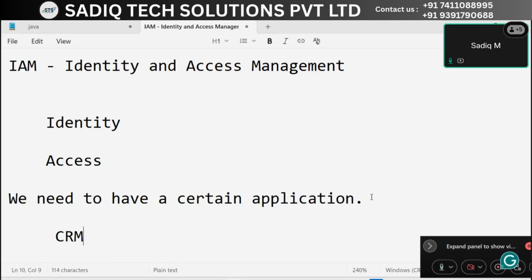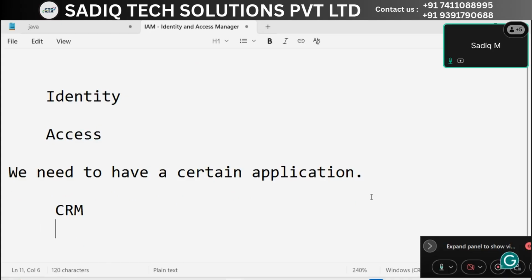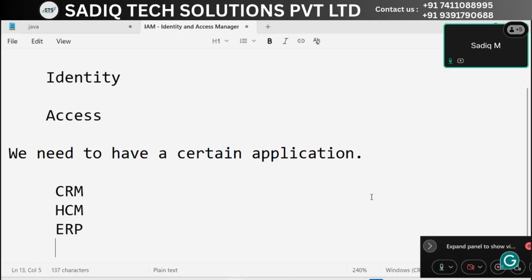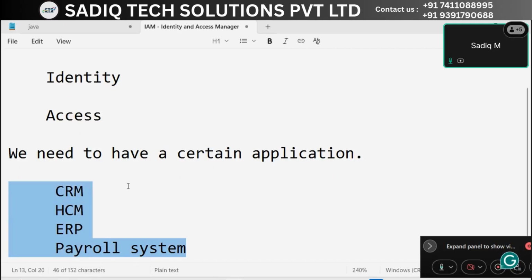We need CRM applications and HCM applications, which are the main applications, and then we need a payroll system. All these are applications needed to run the business, especially corporate-level business.